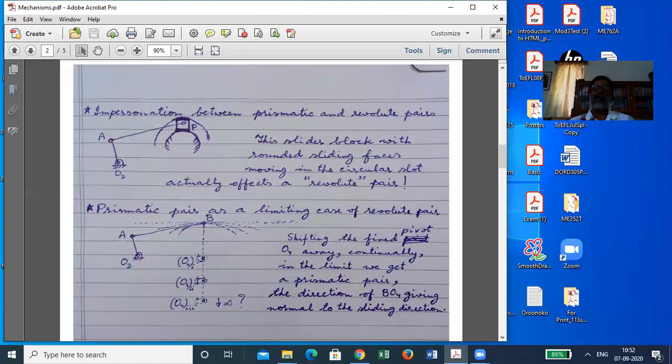And that is actually what you get with a prismatic pair. So shifting the fixed pivot O4 away continually, in the limit we will get a prismatic pair. And the direction of BO4 actually will give you the normal to the direction of relative sliding.